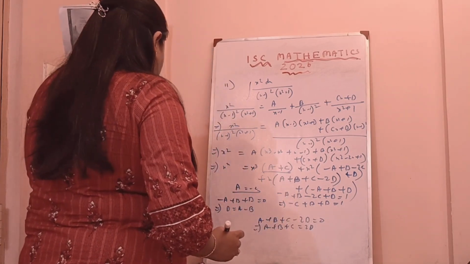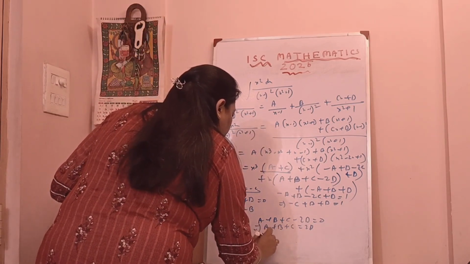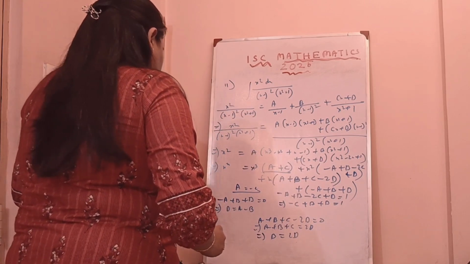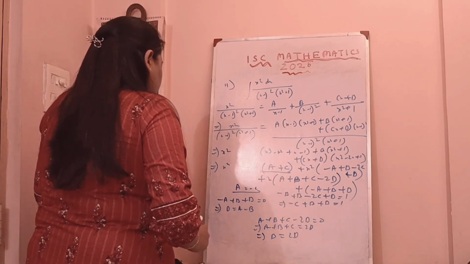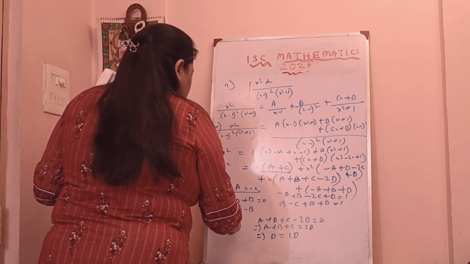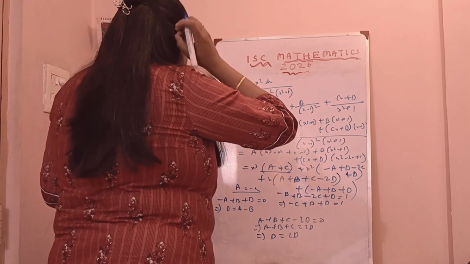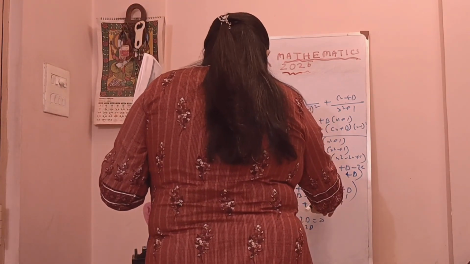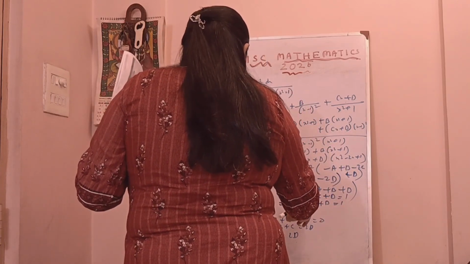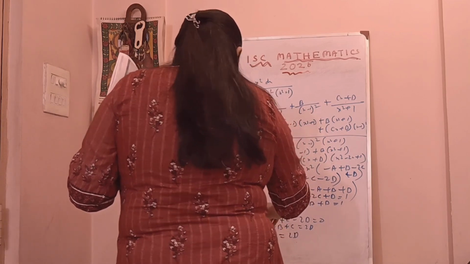Now a equals minus c, put that, then b equals 2d. So minus a plus b minus 2c plus d equals 1, and minus a plus b plus d equals 0.